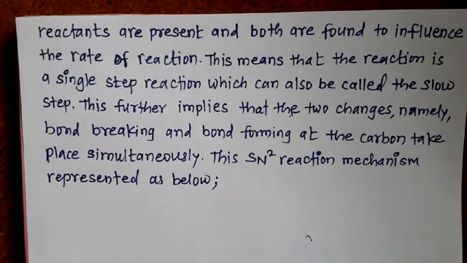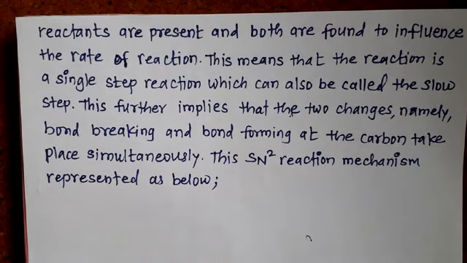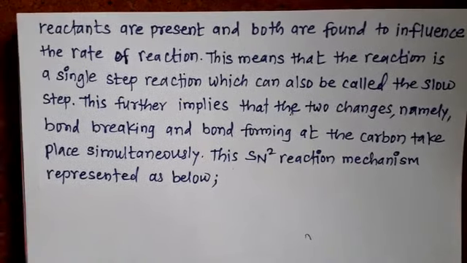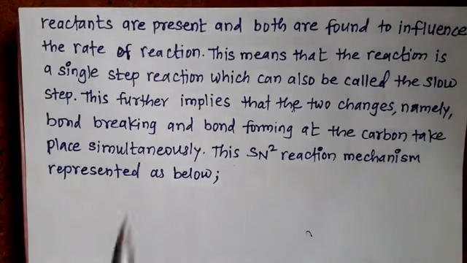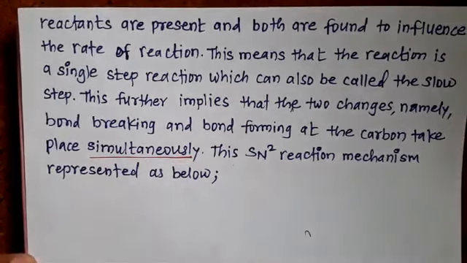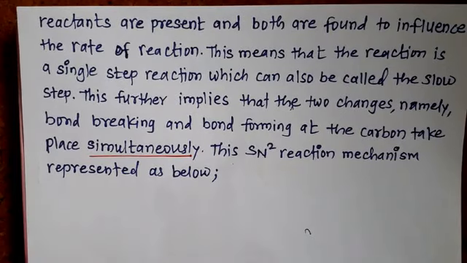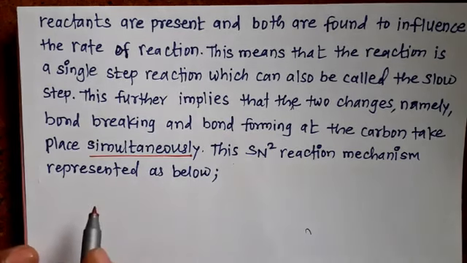The first change is the breaking of the bond between carbon and bromine, and the second change is the formation of a new bond between carbon and the nucleophile, and both these changes take place simultaneously. We can represent this SN2 reaction mechanism as follows.